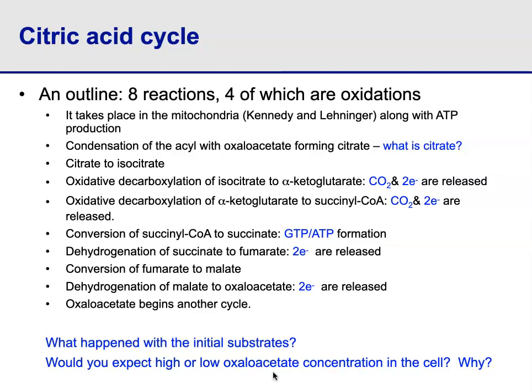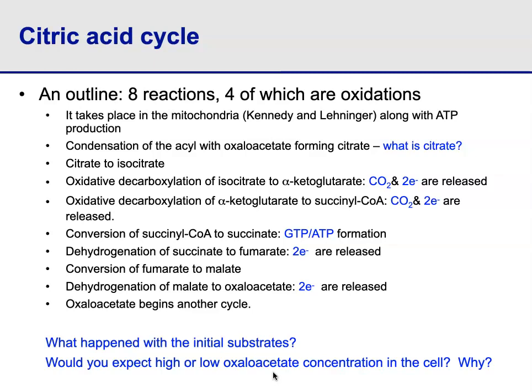There is also another reason, but we're going to learn about that reason a little later. And that is that oxaloacetate, you've seen it already in gluconeogenesis, is the first product of gluconeogenesis, if you remember, from pyruvate to oxaloacetate and then to PEP.